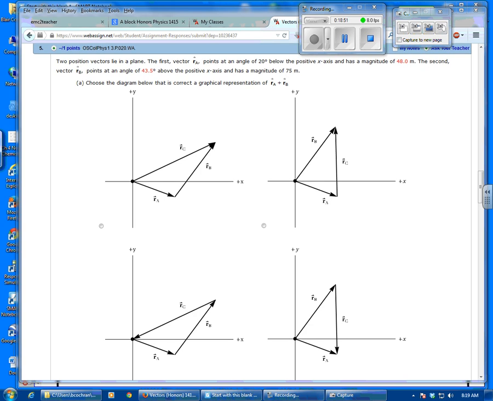So no help there. It has a magnitude of 48. The second vector points at an angle 43.5 above the positive x-axis, and has a magnitude of this. So let's see. That could be the upper right-hand one.